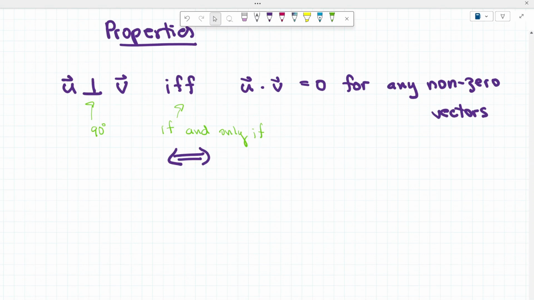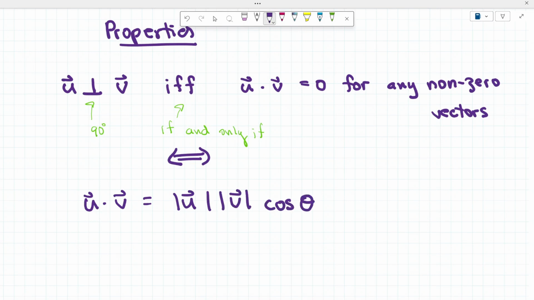Let's consider the equation. We have u dot v equals the absolute value or magnitude of u, magnitude of v, cos theta. What if theta equals 90 degrees? Let's look at our cosine plot. We've got 0, 90, 180, 270, and then 360.